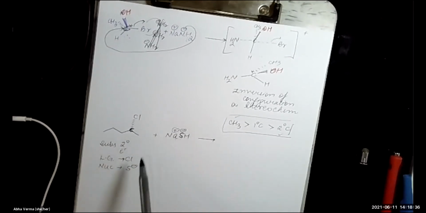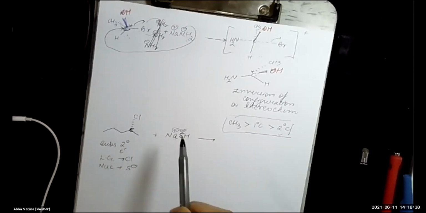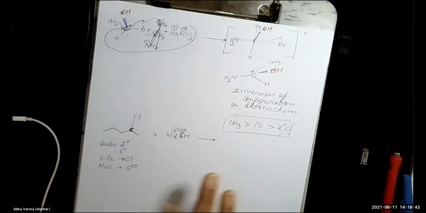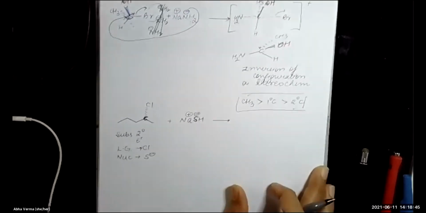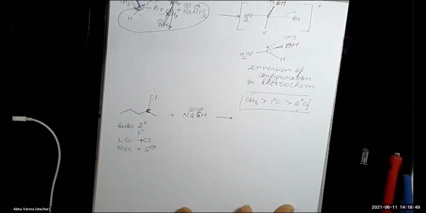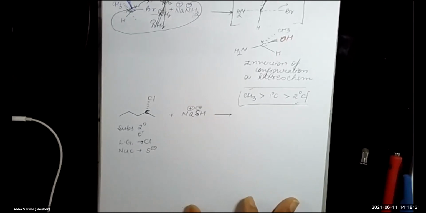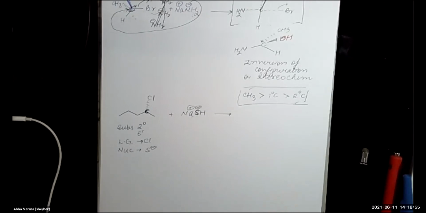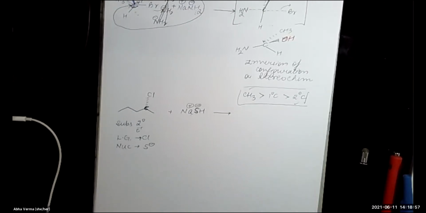I have a good leaving group. All of this is pointing towards SN2. Remember, the first choice of your substitution must be SN2. If the conditions of SN2 cannot be fulfilled for a substitution reaction, then we look at SN1. But whenever you're given an option for substitutions, you must first give priority to SN2.